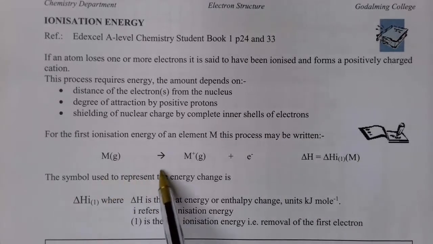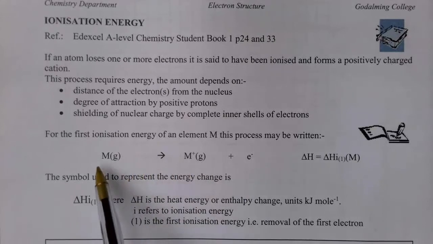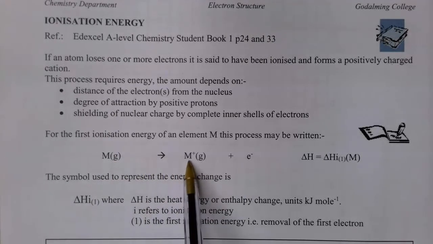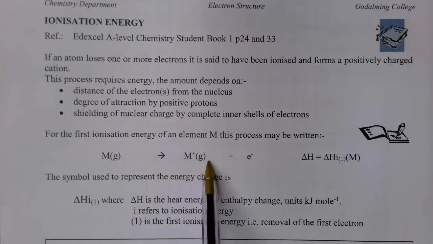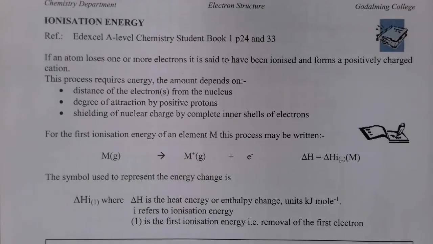So the reaction is written like this for an ionization energy of an element. I've got my element in its gaseous state and it's having one electron removed to become a positively charged ion. And we call this the first ionization energy.